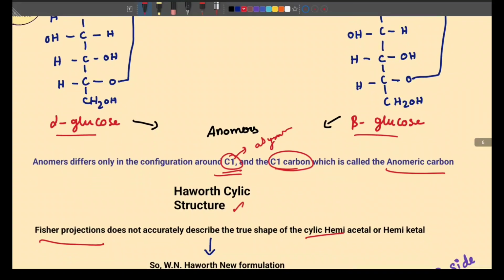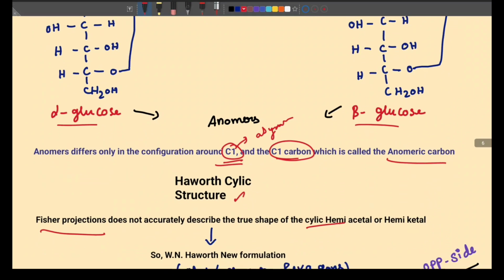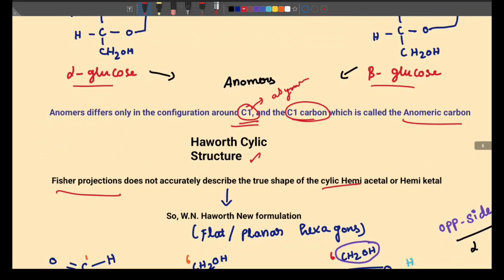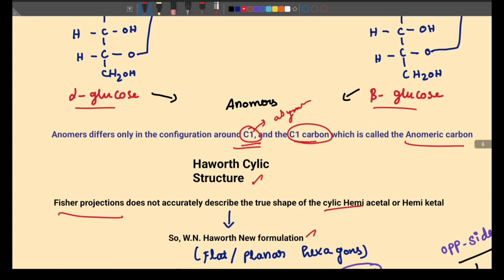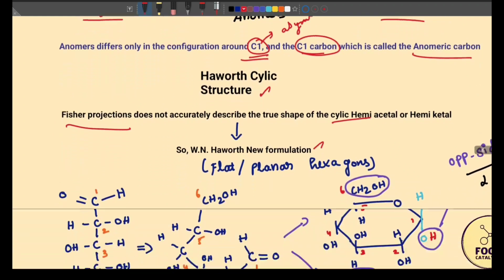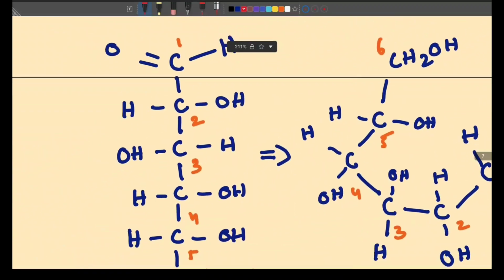So to represent the true shape of the cyclic structure of hemiacetal or hemiketal, Haworth came up with the idea of flat planar hexagons. Haworth's new formulation is called the Haworth cyclic structure. Let's take the example of glucose.